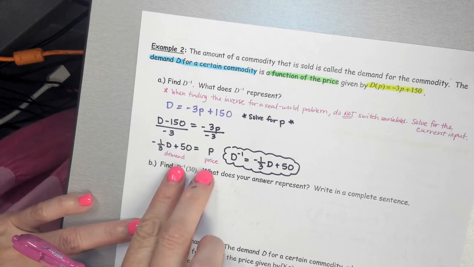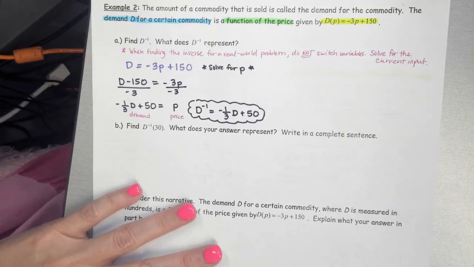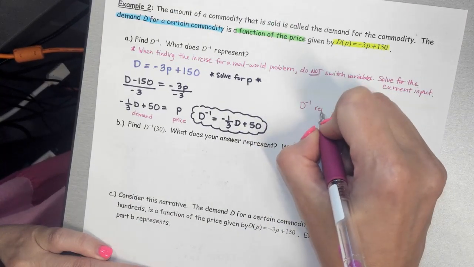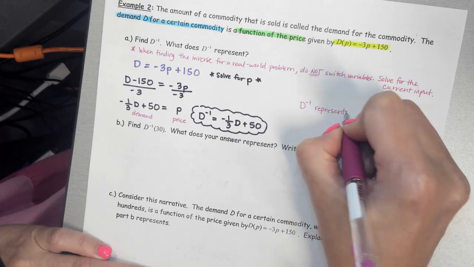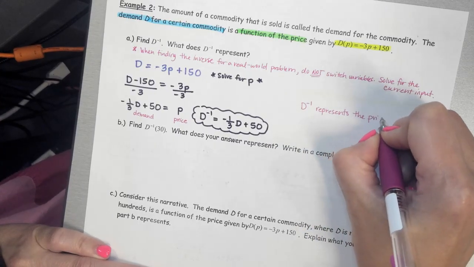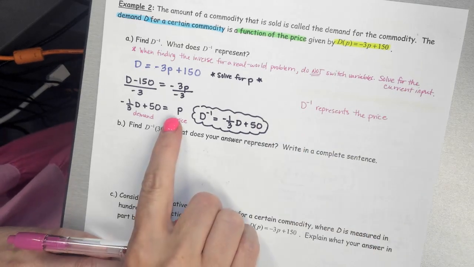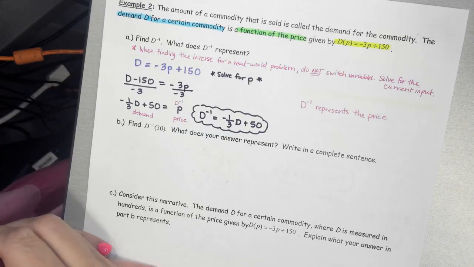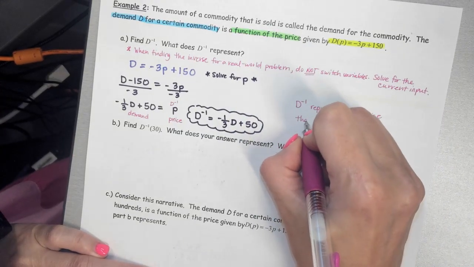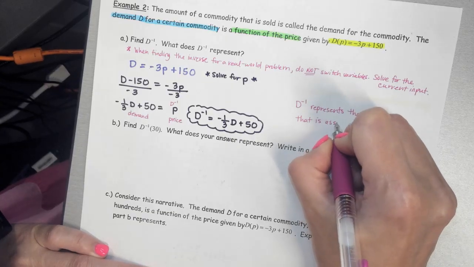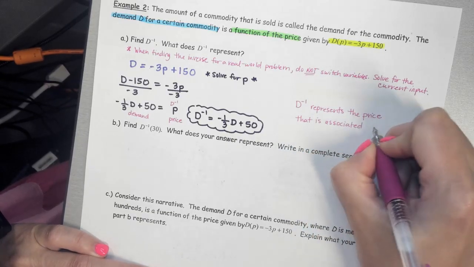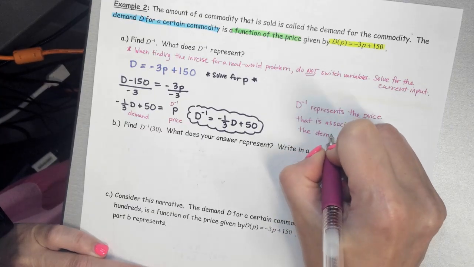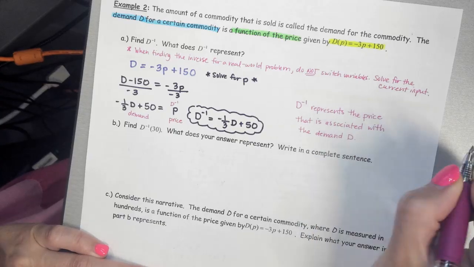So when we are writing out what this means, we're going to say that the inverse represents the price, because remember, D inverse is the same as P. These are the same. Okay, so it's the price that is associated with the demand D.